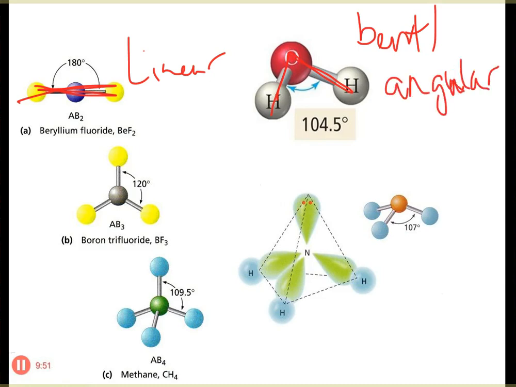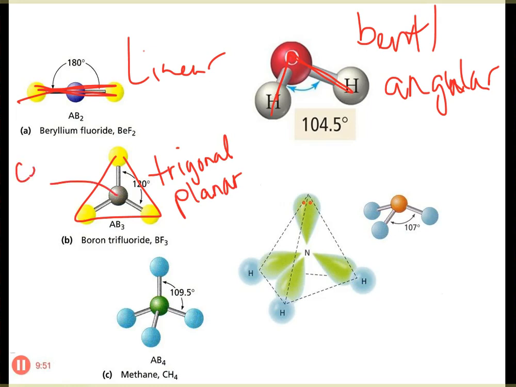Angular. And then this one here makes a perfect triangle. Trigonal planar. It makes a triangle because the center atom has no lone pair.